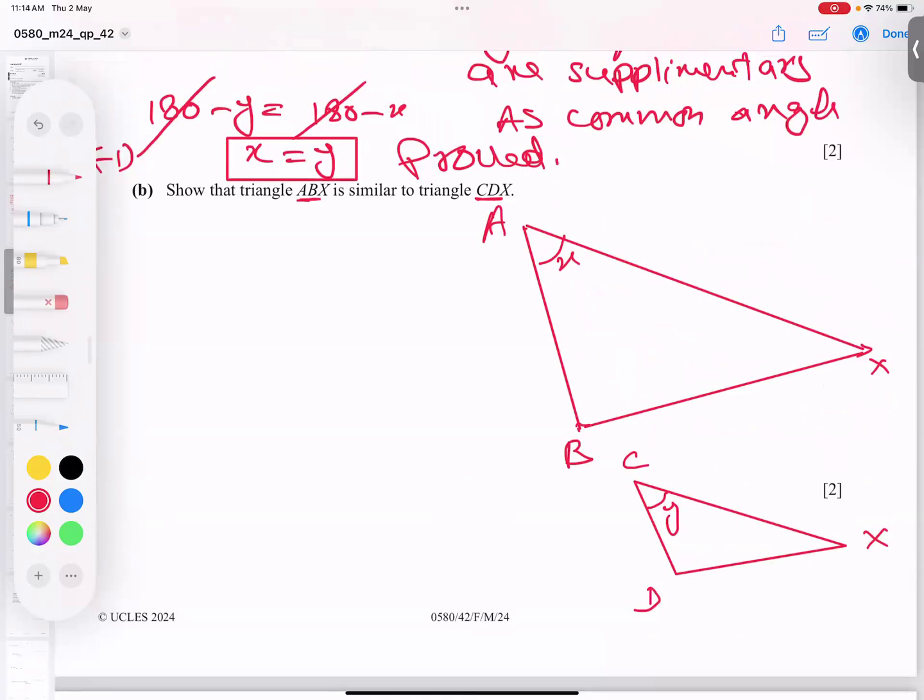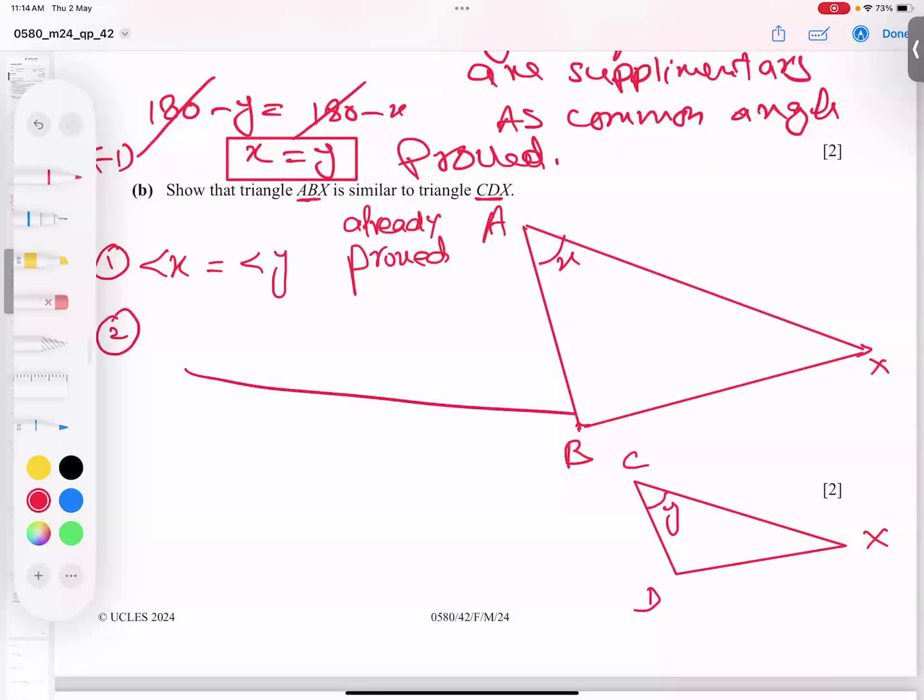Now we have to prove it. So first of all, angle X equals angle Y, because we have already proved it. Number one condition.